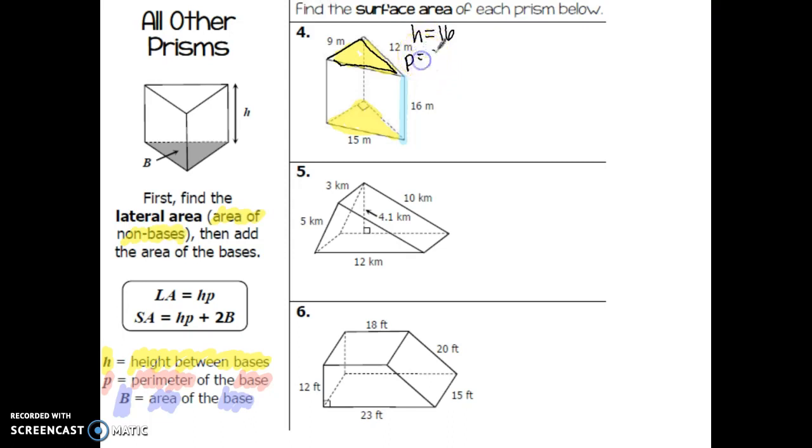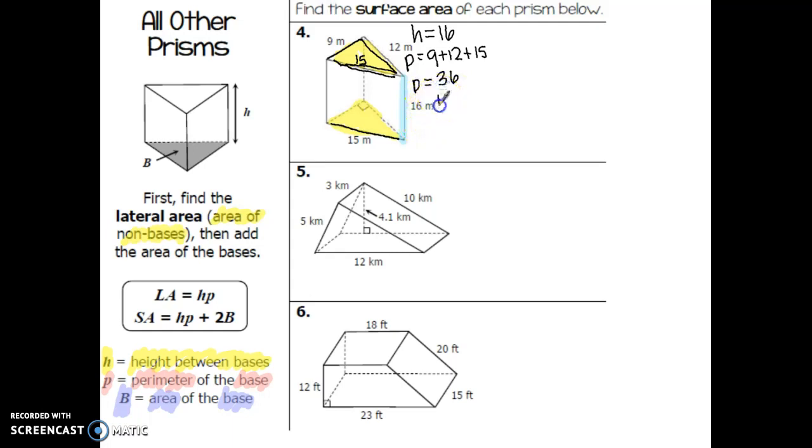So I'm going to say 9 plus 12. And while we don't have this length right here, we do have it here at the bottom, and if they're congruent, this is also going to be 15. So it's going to be plus 15. Which means our perimeter of the base is going to be 36.